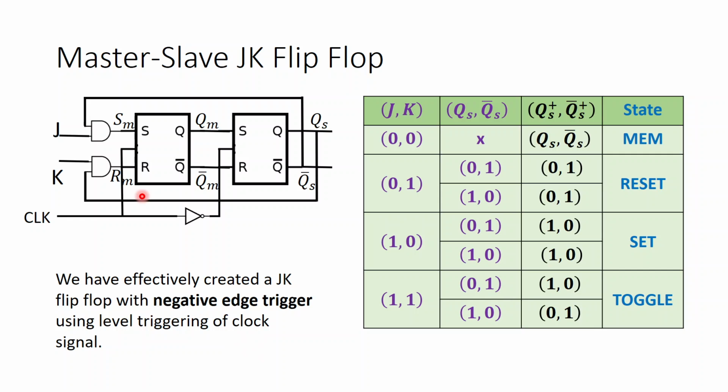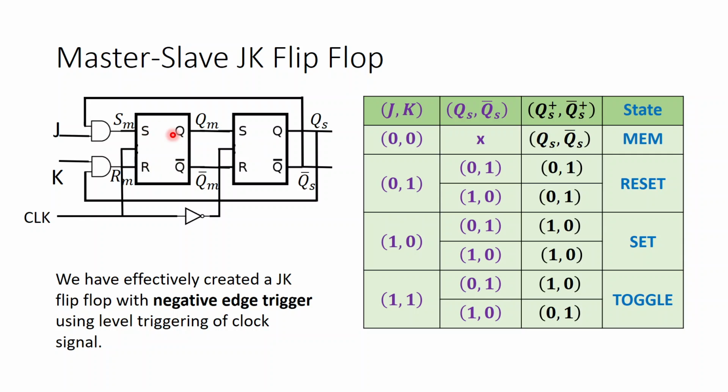So using two level triggered flip-flops, because edge triggering is only a concept and in practice we always have to maintain some level and then the change will take place, that is what we are doing here in the master slave connection.